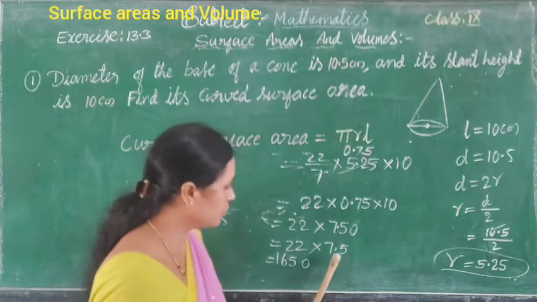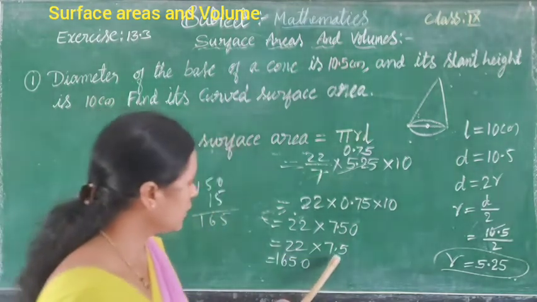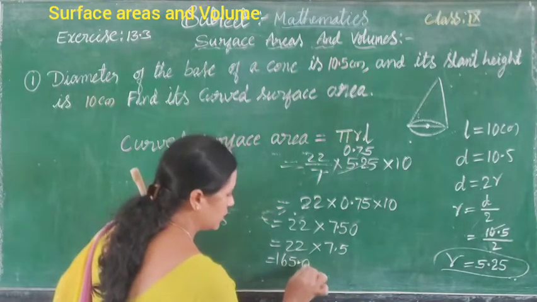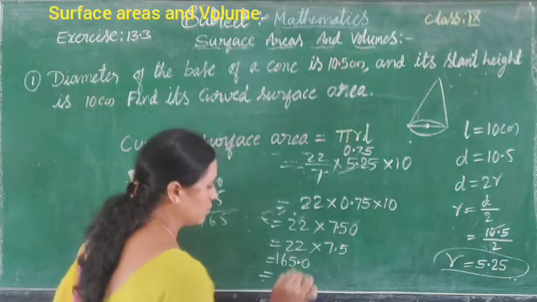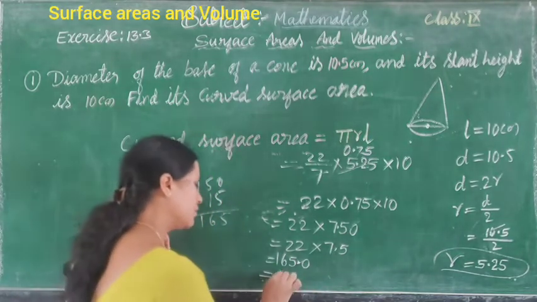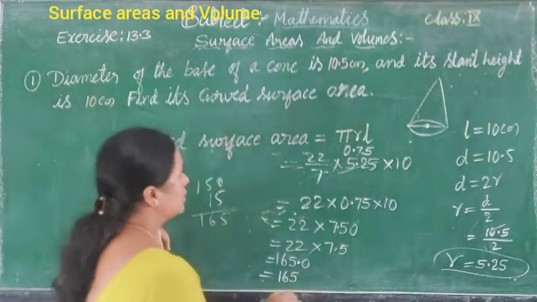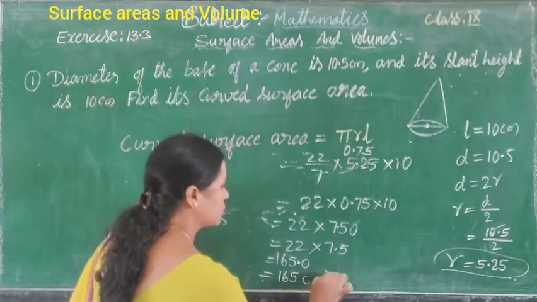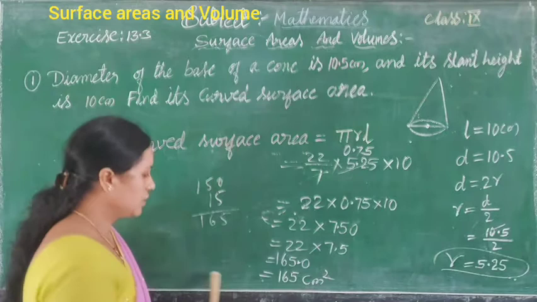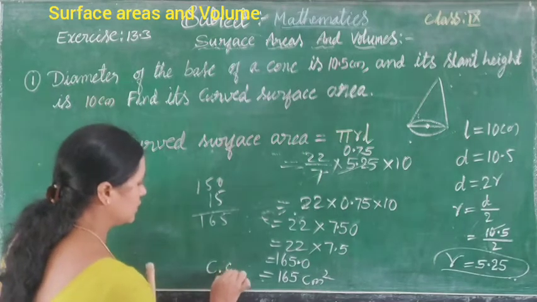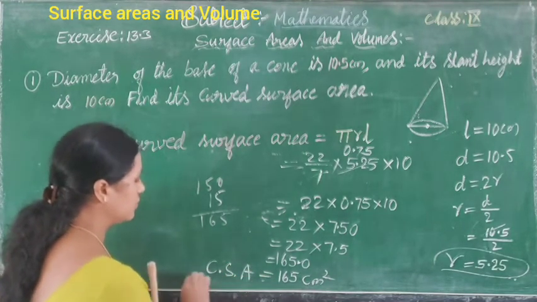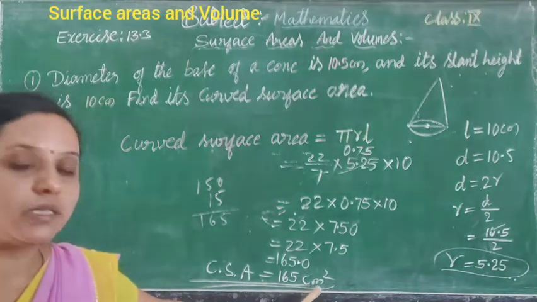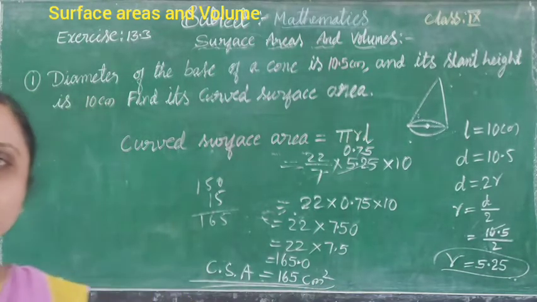Now we can put the point after leaving one number, that is 165. So write 165. It is in centimeter, so write centimeter square. So the curved surface area of this cone is 165 centimeter square.